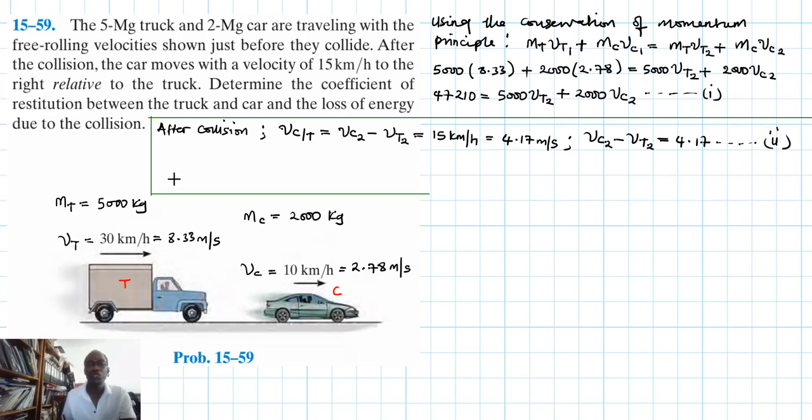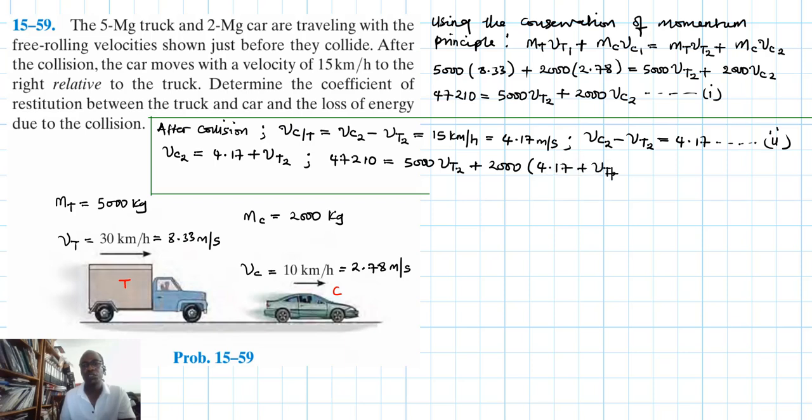Solving these two equations, I'll make VC2 the subject: VC2 equals 4.17 plus VT2. Bringing this into equation 1, 47,210 equals 5,000 VT2 plus 2,000 times (4.17 plus VT2).